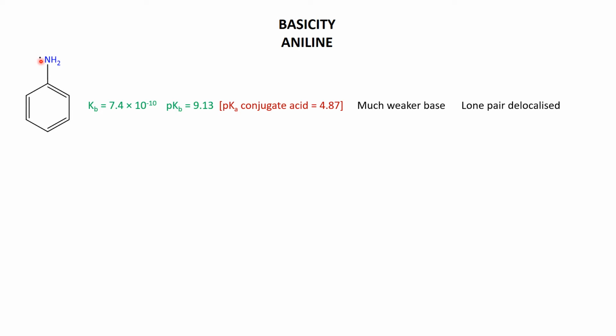And if you think back to what we discussed when we're thinking of the structure of aniline, this lone pair is delocalized within this big pi cloud. If it's delocalized within this big pi cloud, it's not going to be available for the nitrogen to donate it. So aniline is a much weaker base than ammonia is.